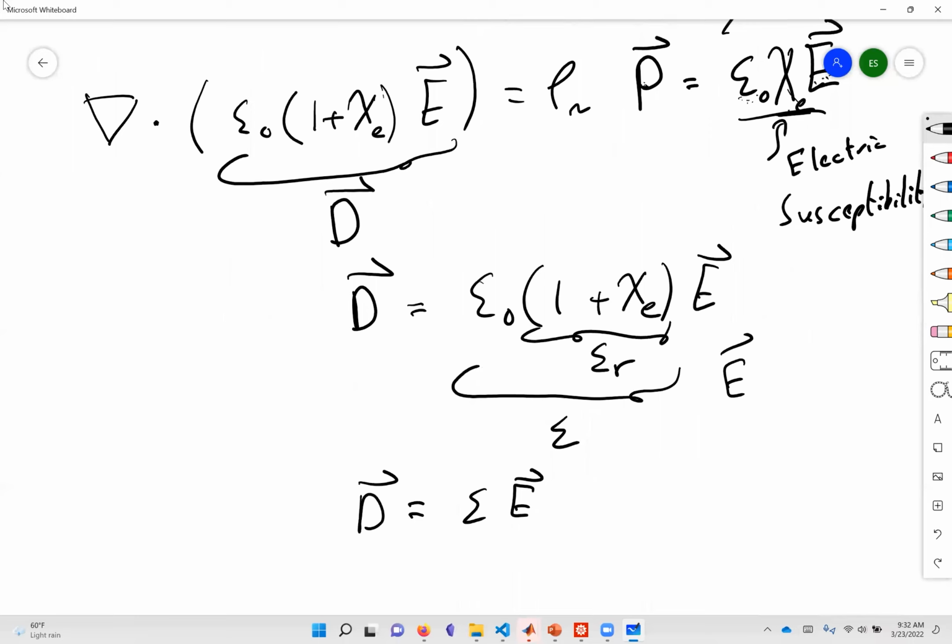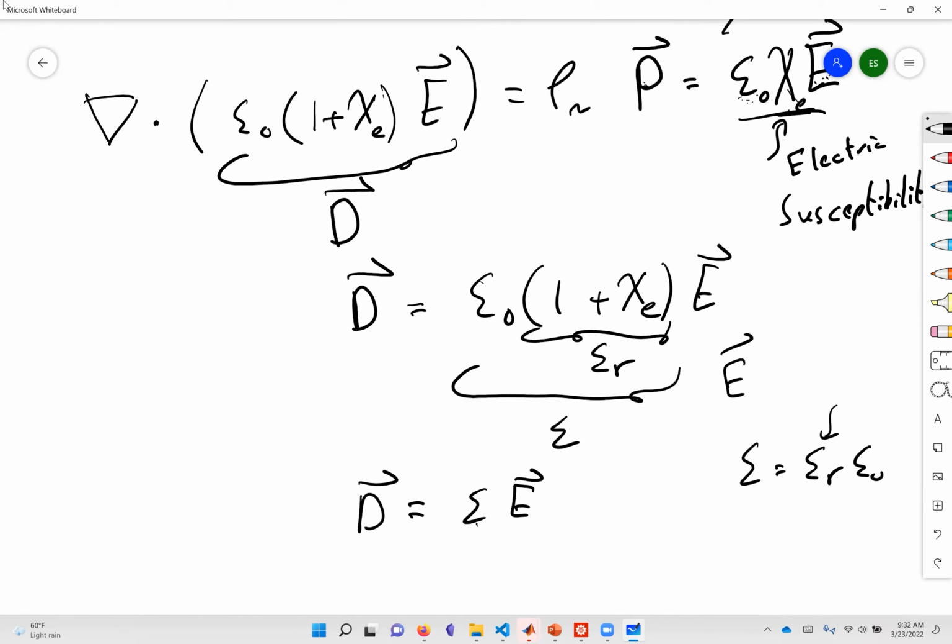And where does epsilon come from? Epsilon comes from epsilon naught plus chi. Chi is a susceptibility. If we take 1 plus chi E, which is unitless, it's just the relative. So we say epsilon is epsilon R epsilon naught. This is what's called relative permittivity.